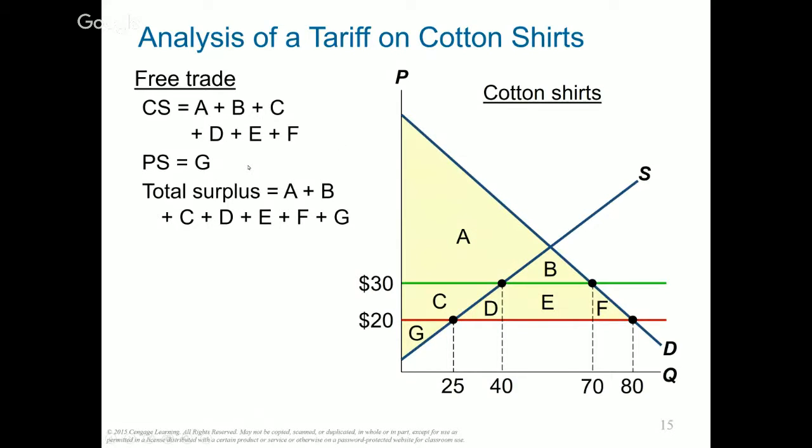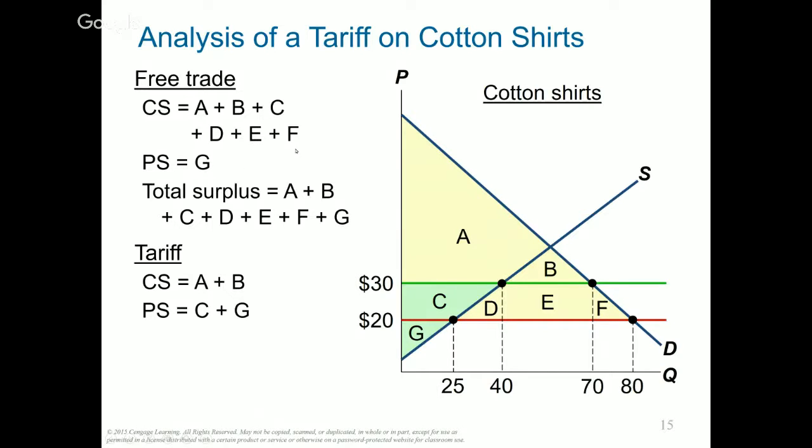Now, with a tariff, you're going to increase the price higher. So with a tariff, only areas A and B are your new consumer surplus. And then producer surplus is going to be areas C and G, that's below your price line, above the supply curve.